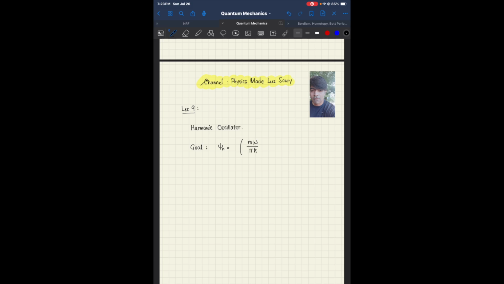So 1/4, then this is a normalization, in terms of the so-called Hermite polynomials.